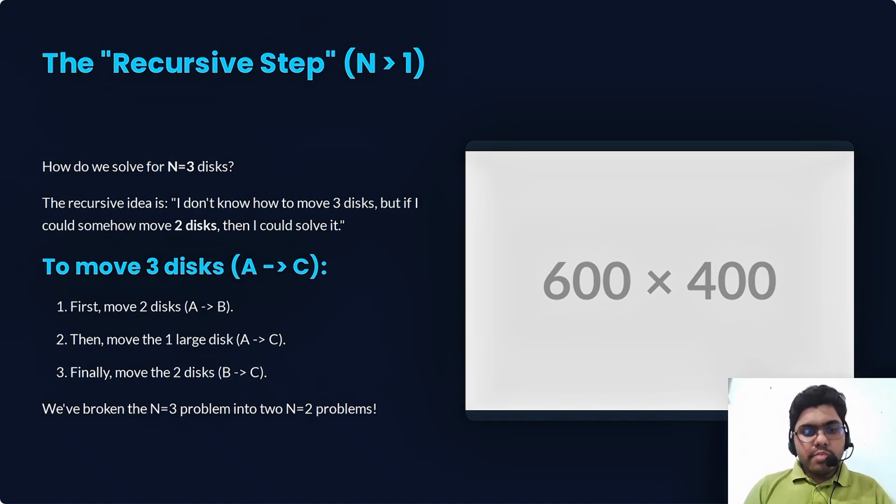Finally, we use our magical function again to move that stack of two disks from B, the auxiliary, over to C, the target, using A as the helper now. Did you see what we did? We broke the n equals 3 problem into an n equals 2 problem, twice, and one simple move.